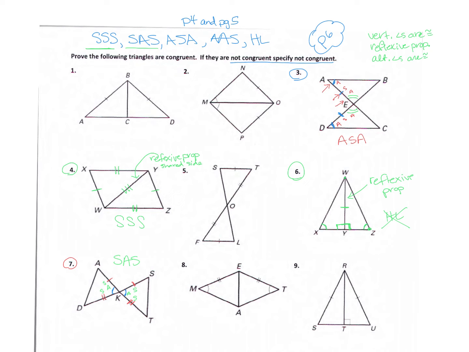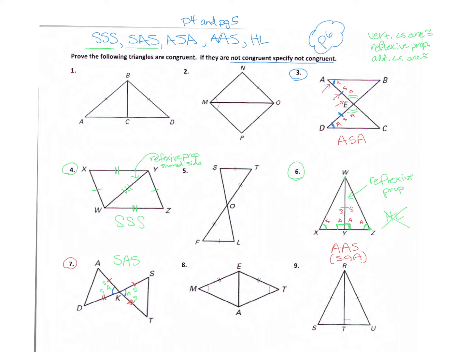So what I have in this picture, let me grab a different color. I have an angle, another angle, and a non-included side. Again, I have an angle, another angle, and a non-included side congruent to the other triangle's. Angle, angle, non-included side. This is an example of AAS. Some students write SAA.